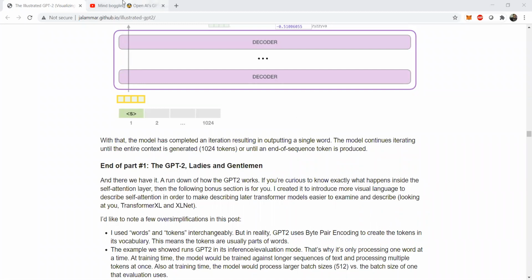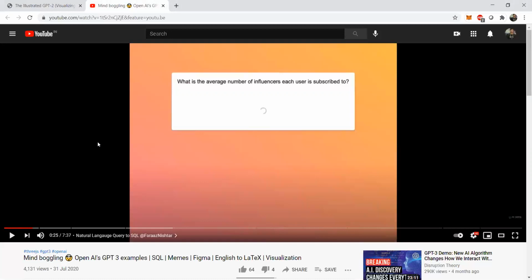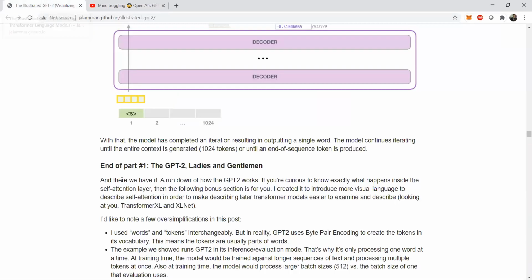In the video by Co-Learning Lounge, which I mentioned at the start of this video, we can see OpenAI GPT-3's examples with the help of SQL, how GPT-3 actually generates these samples. It is very interesting to observe them, and you will find the links in the description below. You can also see how GPT-3 outperforms GPT-2 on major benchmarks.